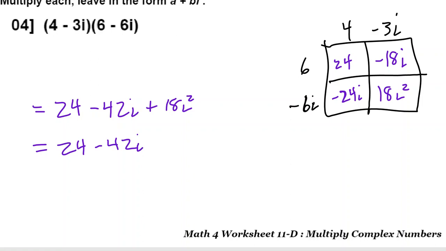And the 18i squared becomes a negative, minus 18. 24 minus 18 is 6. And that is it.